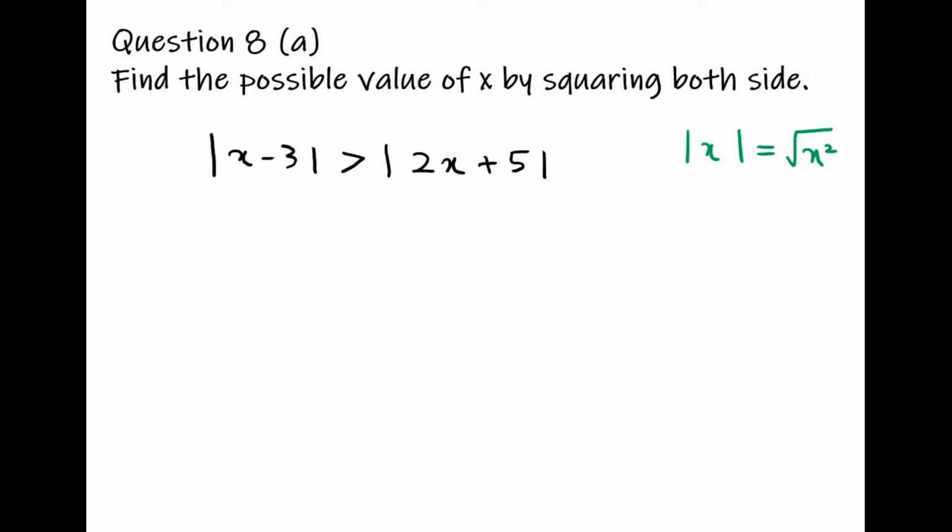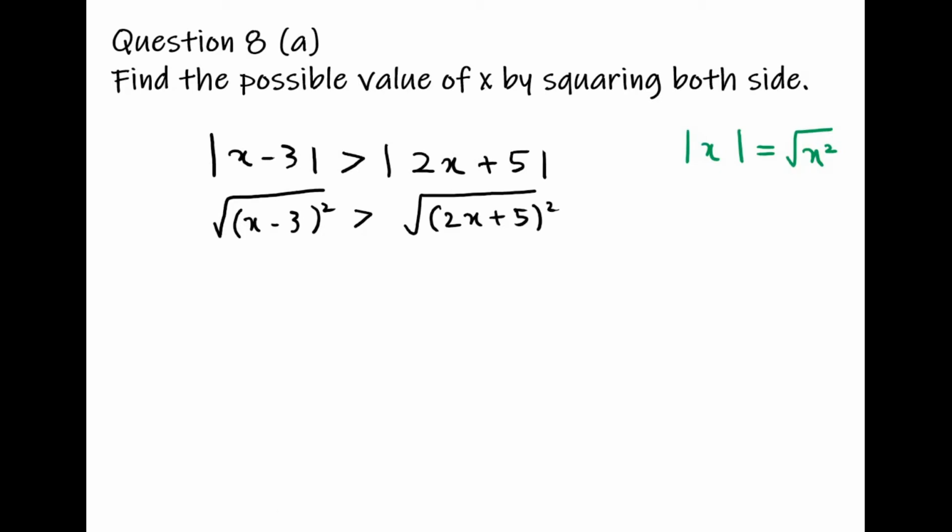So by this definition, you can change the modulus into the square root. Square root of (x minus 3)squared is greater than square root of (2x plus 5) squared.